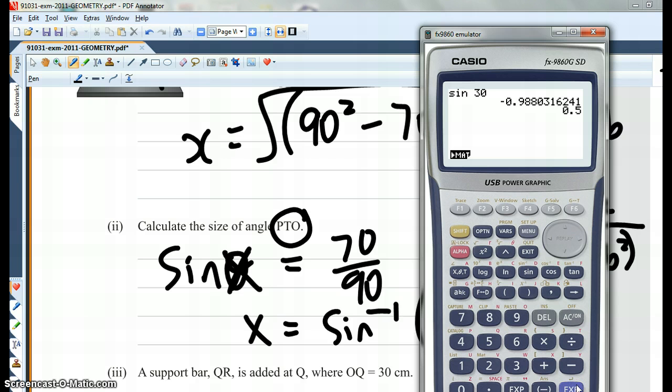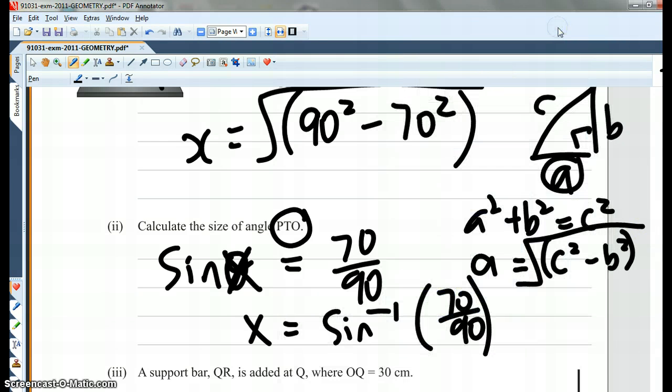Okay, and now it equals 0.5, so now I'm all good. So I go shift inverse sine bracket, the opposite divided by hypotenuse, close the bracket and execute, and I get 51. I'll call it 51.1. So x equals 51.1 degrees.